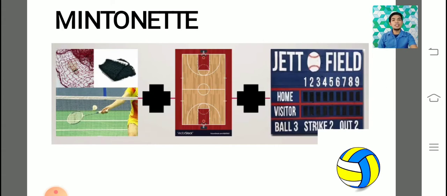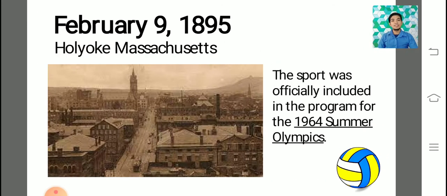Kaya nabuo ni William G. Morgan ang larong volleyball. Now, in February 9, 1895, na-invento yan. This is the date where William Morgan invented the volleyball. Saan? Sa Holyoke, Massachusetts.